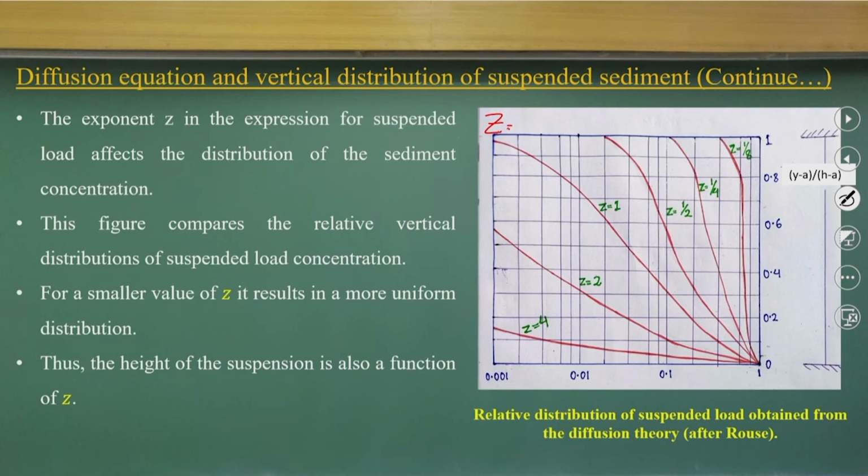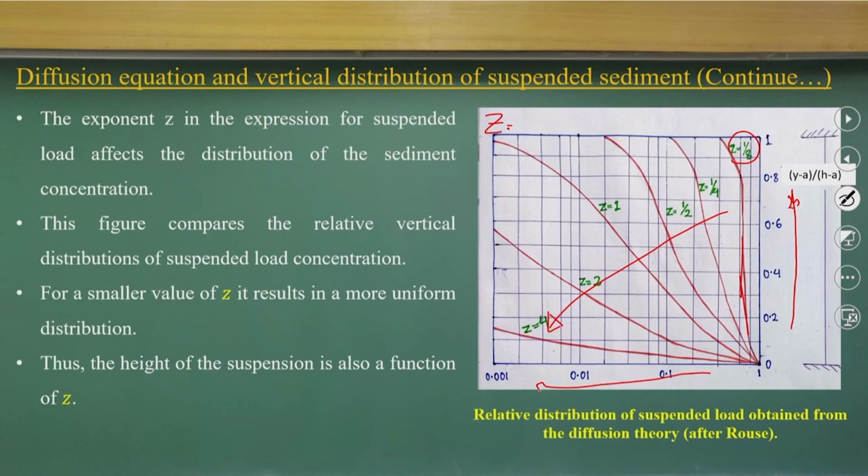So, if you look at that, with a low value of Z, sediment concentration is more or less uniform in the vertical direction. But as Z is increasing, and these are just analytical solutions, the sediment concentration profile will change.